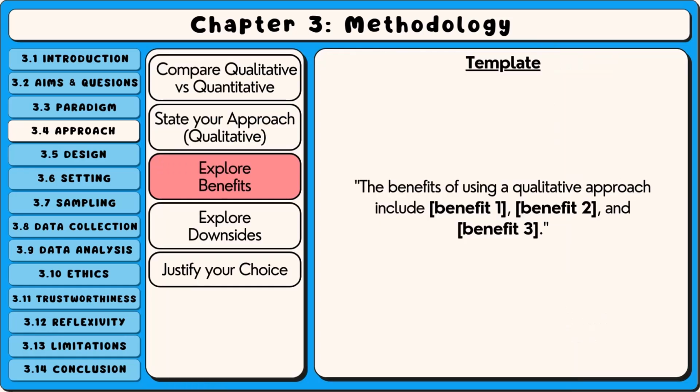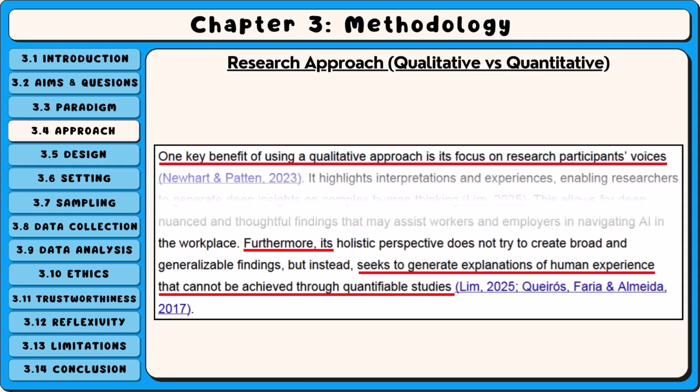So here's a template. The benefits of using a qualitative approach include benefit 1, benefit 2, and benefit 3. Here's a sample. One key benefit of using a qualitative approach is its focus on research participants' voices. Further, it seeks to generate explanations of human experiences that cannot be achieved through quantifiable studies.